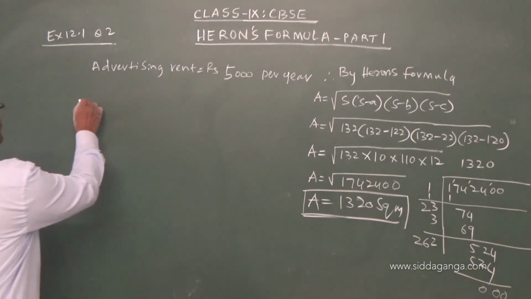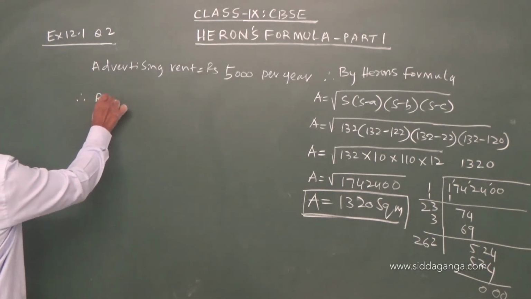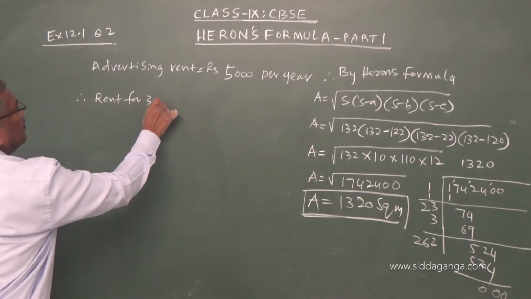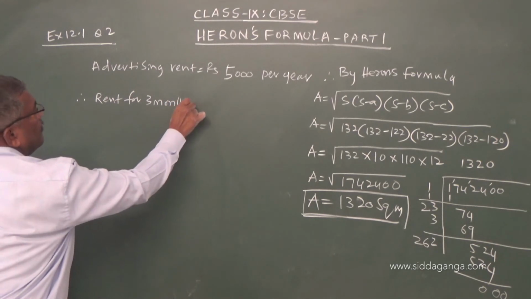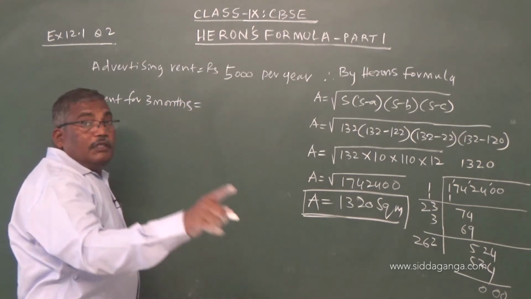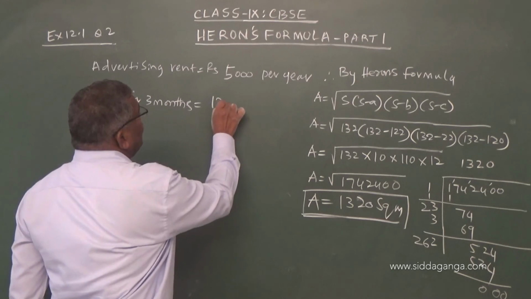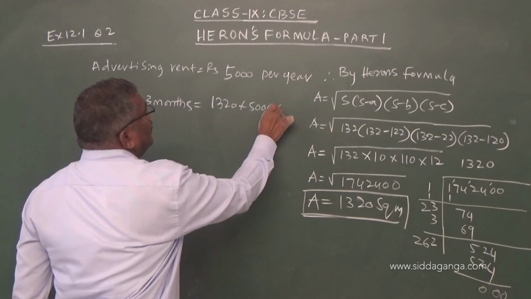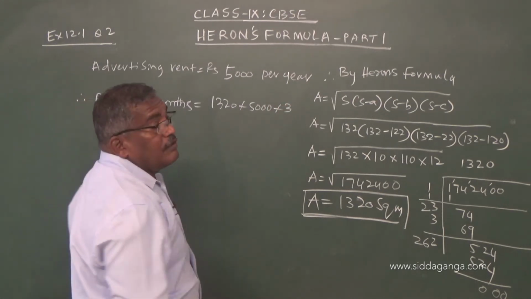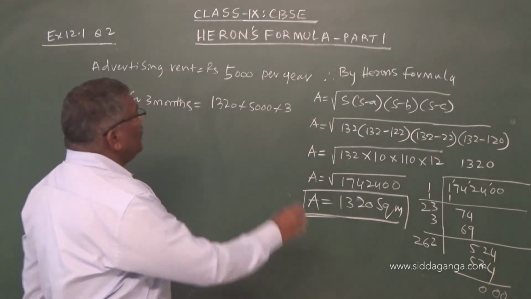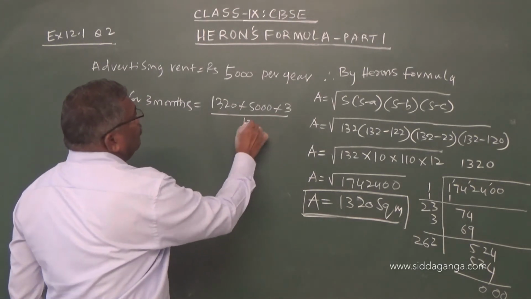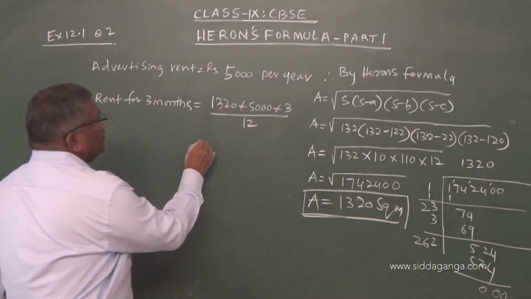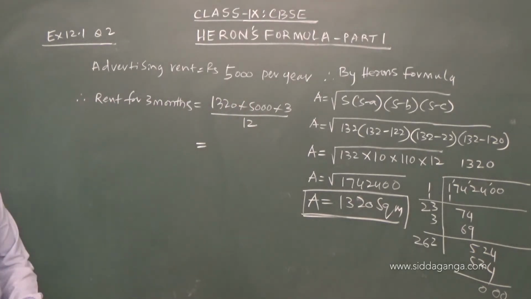So the advertising rent for 3 months will be equal to the area, that is 1320 into 5000 into 3 months divided by 12 months. So 1 month we calculate and multiply by 3 months. So you will get the required answer.